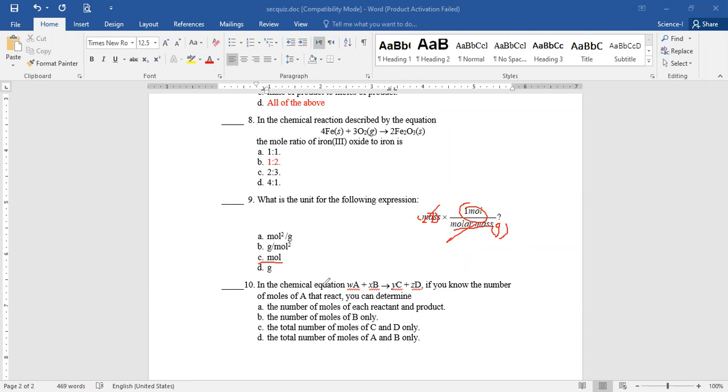Last question, in the chemical equation, as we can see here, if you know the number of moles of A that react, you can determine.